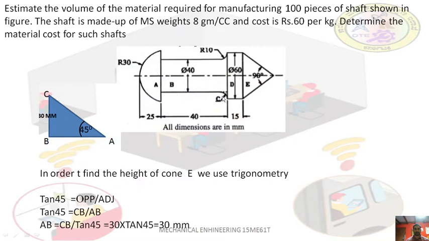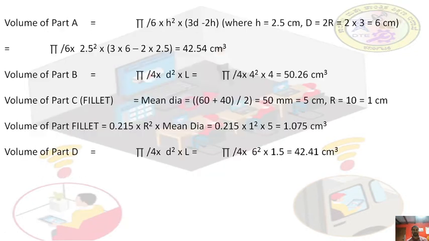Here r is 10 given. The mean dia is the start diameter and the end diameter divided by 2. The starting is 40 and the ending is 60, so 60 plus 40 is 100, divided by 2 is 50 millimeter. In terms of centimeter, it is 5 centimeter. The mean dia is 5 centimeter.